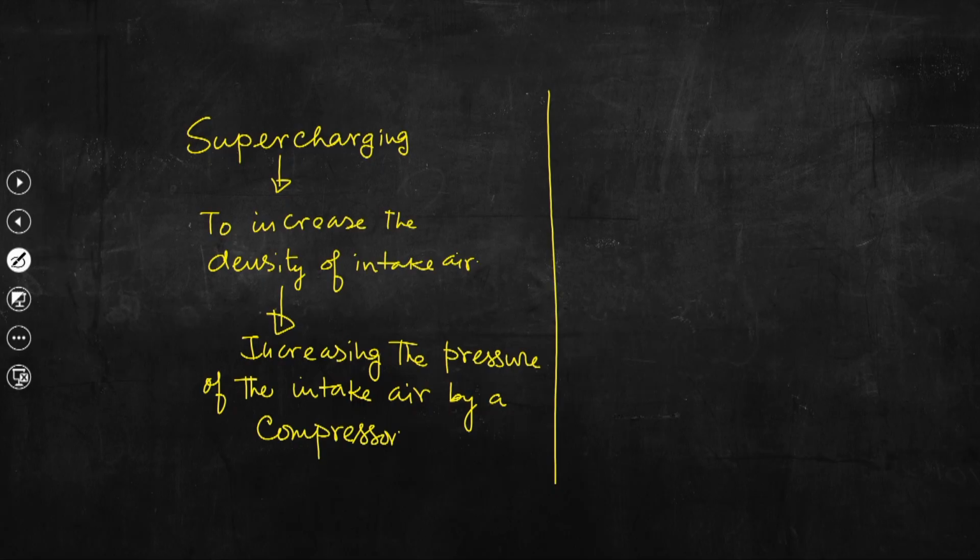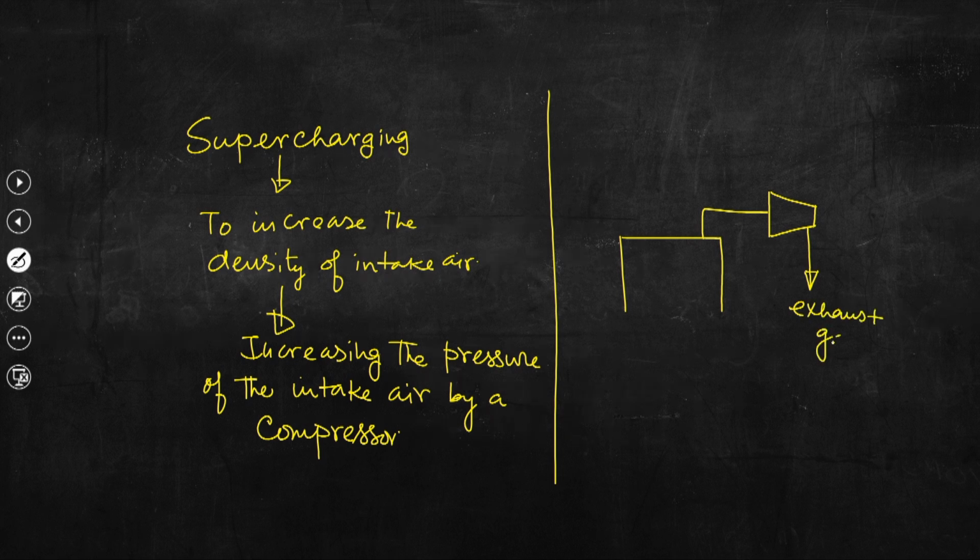So, if we try to draw the block diagram, so let us draw, if this is the engine block, and exhaust gas is taken to run a turbine, right. From there exhaust gases come out from the turbine.